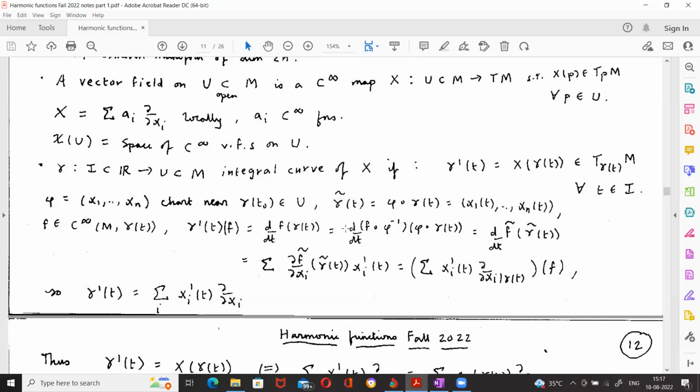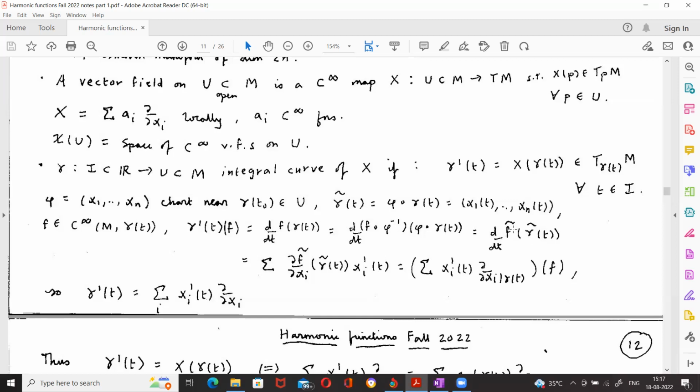Now I write this as d/dt of f composed phi inverse composed with phi composed gamma. Let me call f composed phi inverse f tilde, and phi composed gamma gamma tilde.